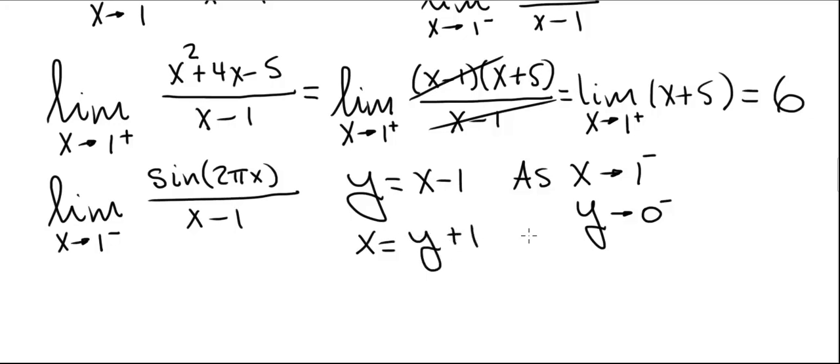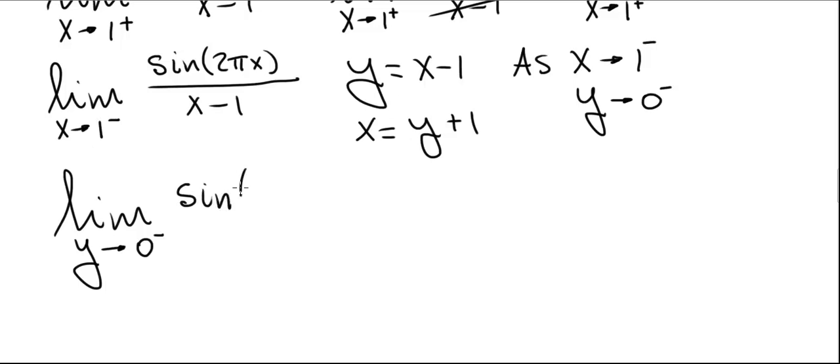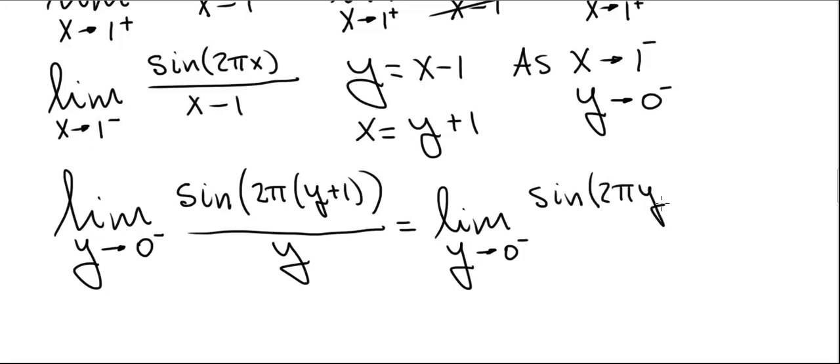And if we solve for x, x is equal to y plus 1. Now let's rewrite this limit in variable y instead of variable x. So this limit becomes the limit as y approaches 0 from the left of sine of 2 pi times (y plus 1), divided by y. Let's write this as the limit as y approaches 0 from the left of sine of (2 pi y plus 2 pi), divided by y.